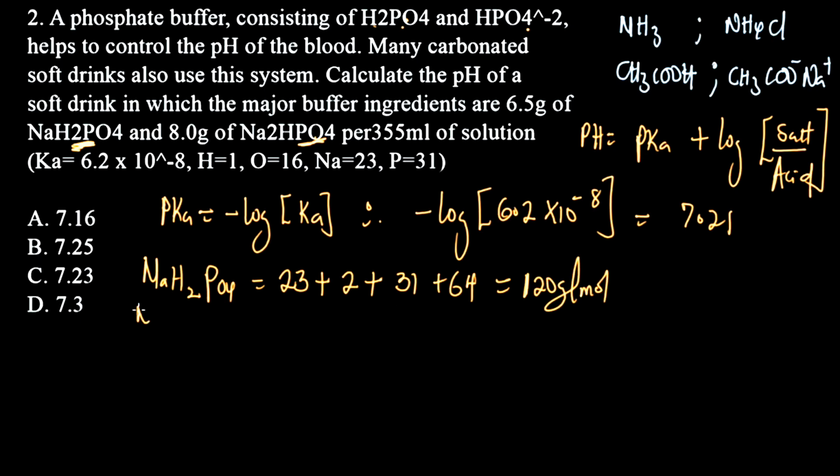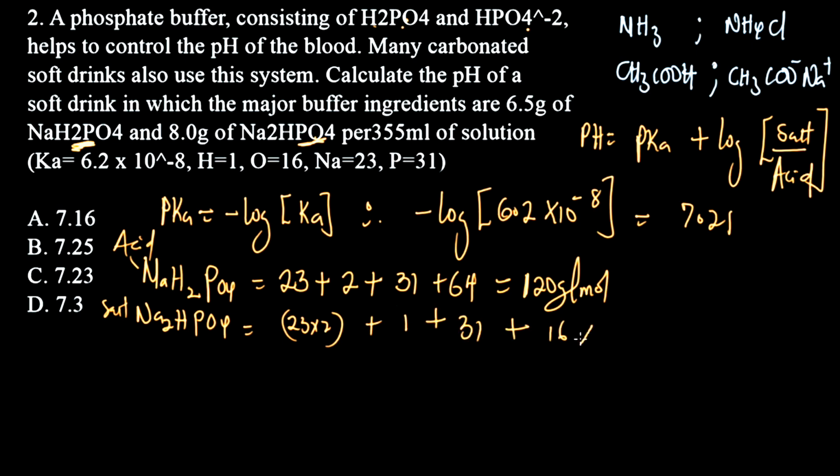Also for Na2HPO4, this is the salt. So we have 23 times 2 plus 1 plus 31 plus 16 times 4, which is 64. So everything here is 142 gram per mole.